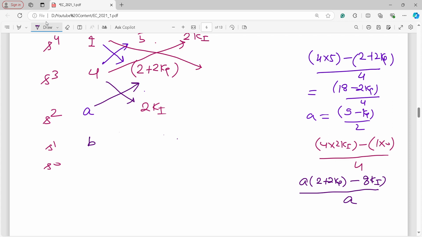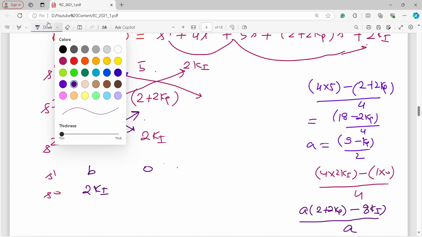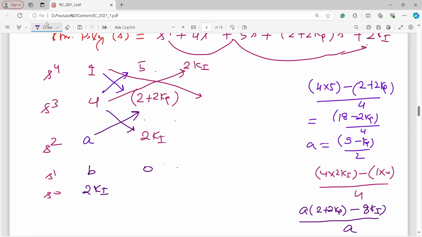Otherwise it looks clumsy. Okay, and this will be term 0. So the remaining term is 2Ki here. Okay, so our sufficient condition would be in the Routh-Hurwitz table, this first column, right?